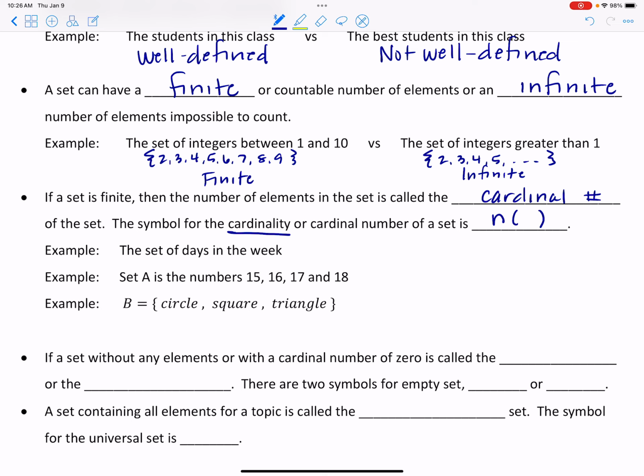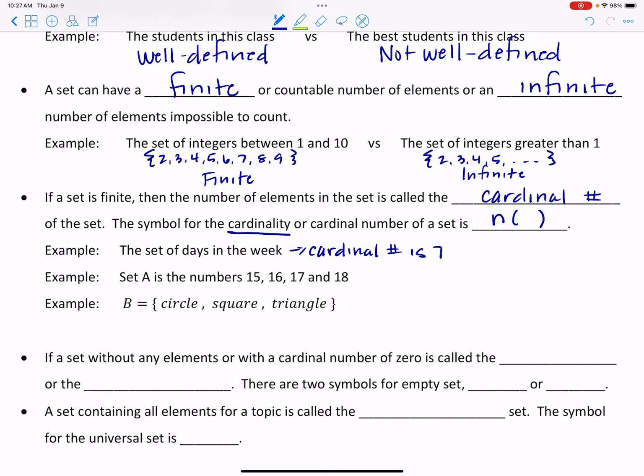So for example, and we don't always use that notation, and I'll show you when here. So for example, if we were looking at the set of days in a week, there are obviously 7 days in a week, so we would say that the cardinal number here is 7, or we could say that set has a cardinality of 7, but that set isn't really named.